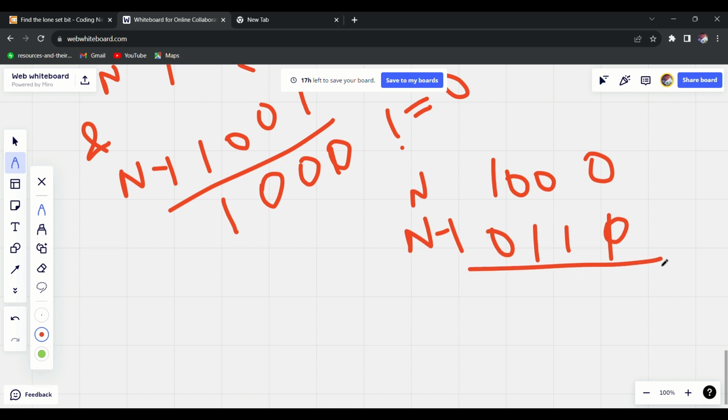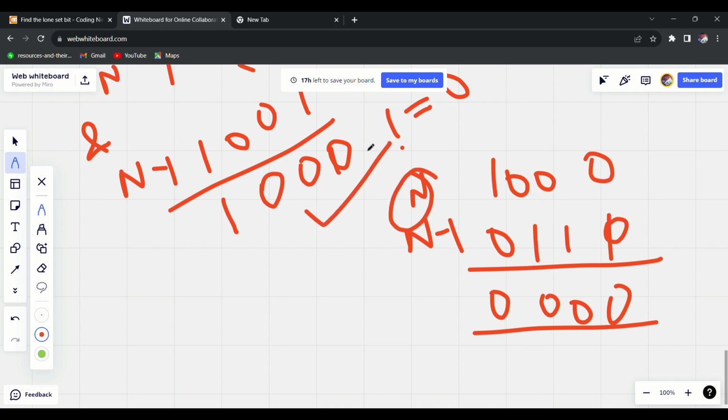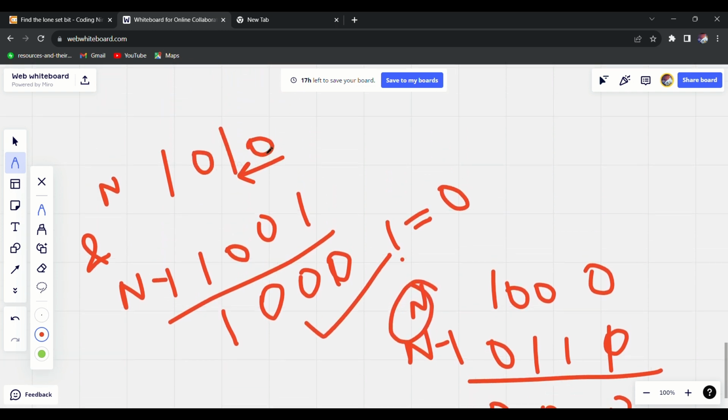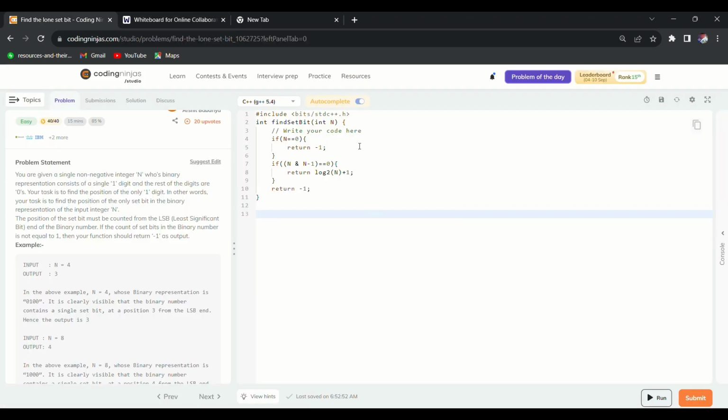So if the AND of n and n minus 1 is 0, that means there is only a single 1 present in that n, so we can return the position of that 1. And if the AND is not equal to 0, just return minus 1 as the output. So very simple code.